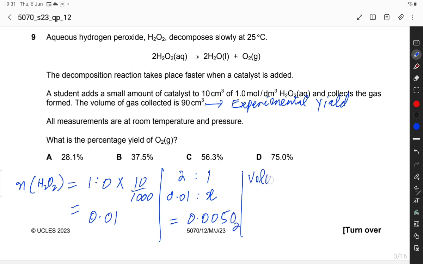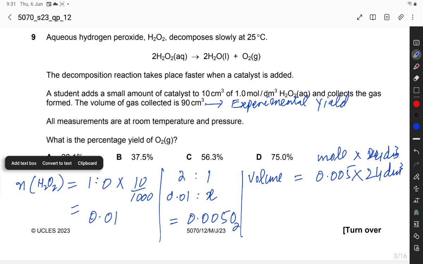So volume of oxygen is equal to 0.005 times 24 dm3. This is moles times the molar volume, 24 dm3. The experimental volume is 90 cm3, so we use 24,000 because this volume is in cm3.